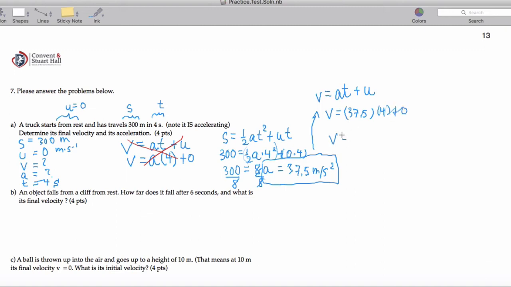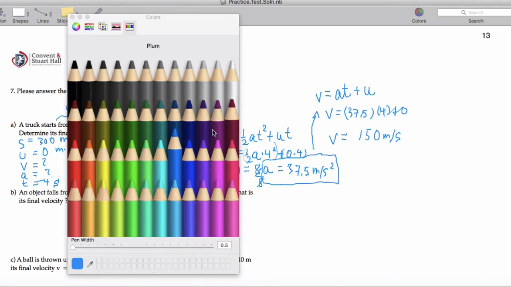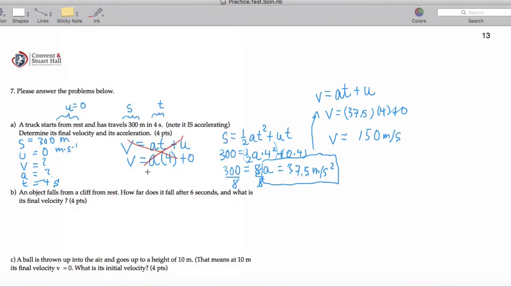And so when I solve for v, I will end up getting 150 meters per second. So you notice here, this didn't work at first. It doesn't work yet. I use it later. And that's how we do that. Okay?